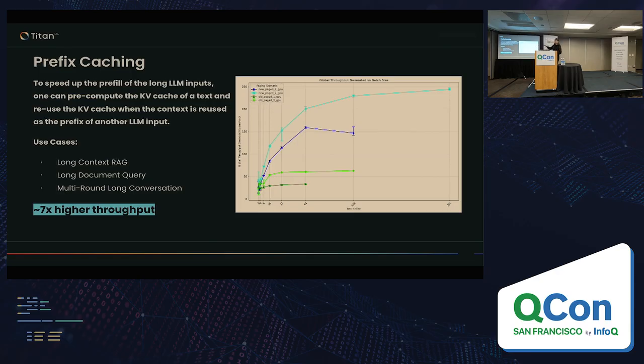And with the blue line, we have it with the prefix caching turned on. And what you can see is we have very, very significant throughput improvement. So it's throughput on the Y and then batch size on the X, about 7x higher throughput, which is very, very significant. It means that you can process many, many more requests, or you can process those requests much, much cheaper.